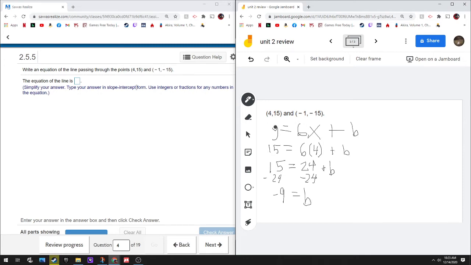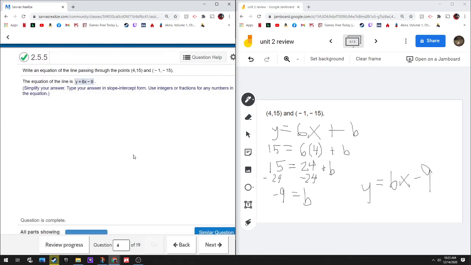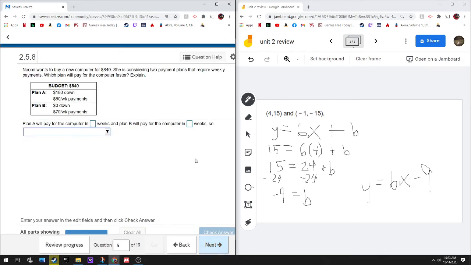Okay, so that means that y is equal to 6x minus 9. That's our final equation here. Y equals 6x minus 9. We should be able to check our answer. Good to go. Next question.